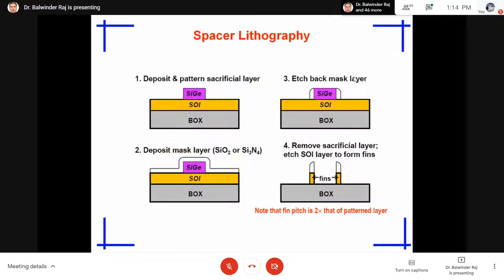So next is the spacer lithography. In the spacer process, these are the steps required. We started with the box, silicon on insulator, then silicon germanium, and then we deposit silicon nitride.